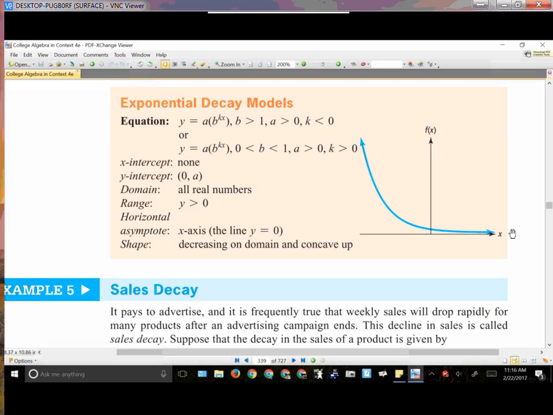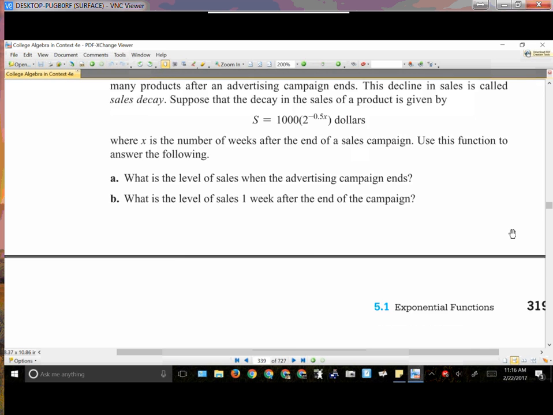That's why it says x-intercept none. Y-intercept is always going to be what happens when you put x in as 0, which in this case turns out to be a. So you have to have an idea in your head. What is this going to do? What is it going to look like?